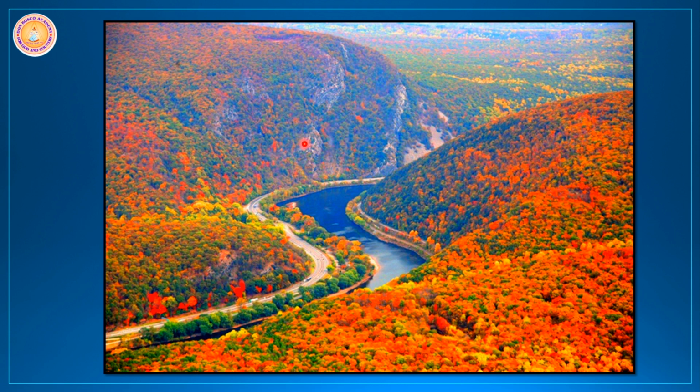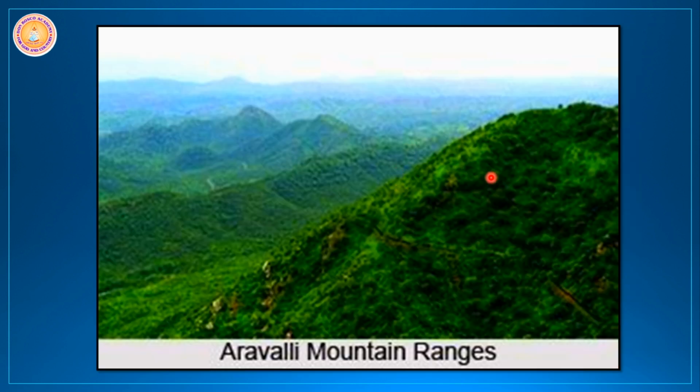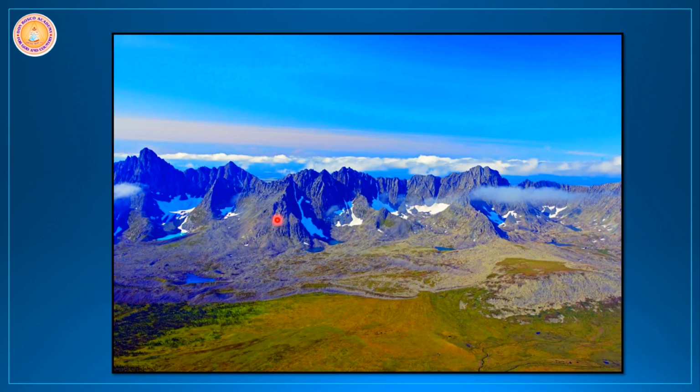However, there have been mountains which were higher than the Himalayas or even the Rockies. But because they were formed earlier than the Alpine mountain system, all these mountains like the Appalachians, the Aravallis, the Urals, they all have undergone a huge amount of degradation.